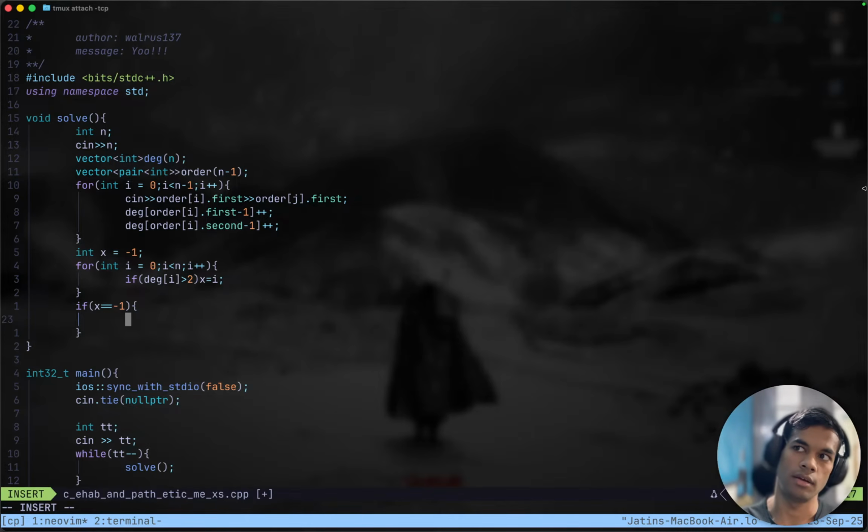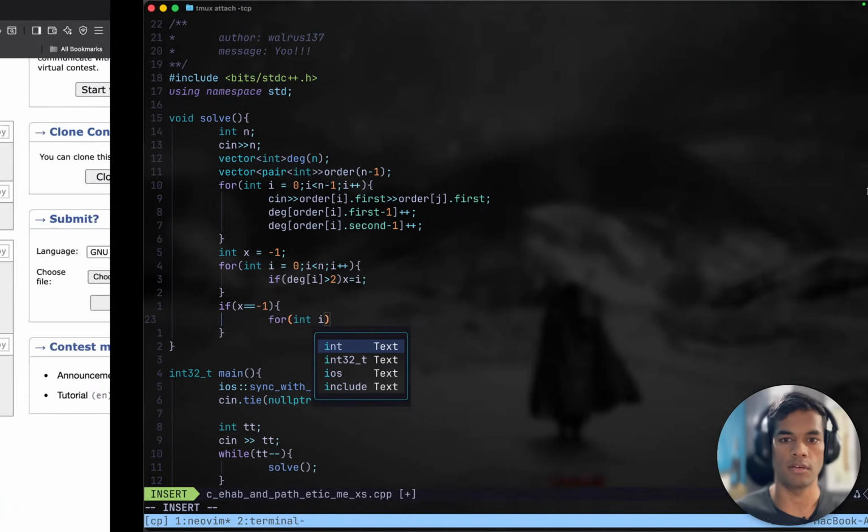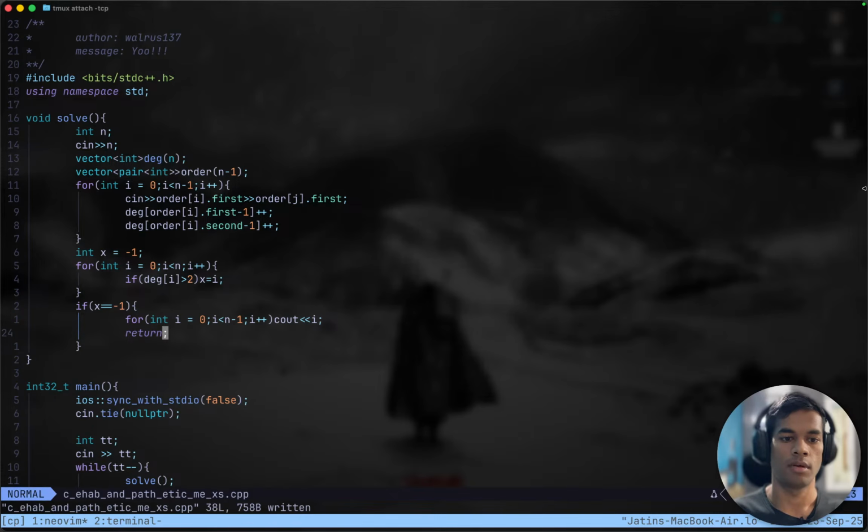So the order of these edges is not going to matter. We can do for i from 0, i less than n minus 1, i plus plus, cout i plus 1. That is going to be the answer then, and then return.